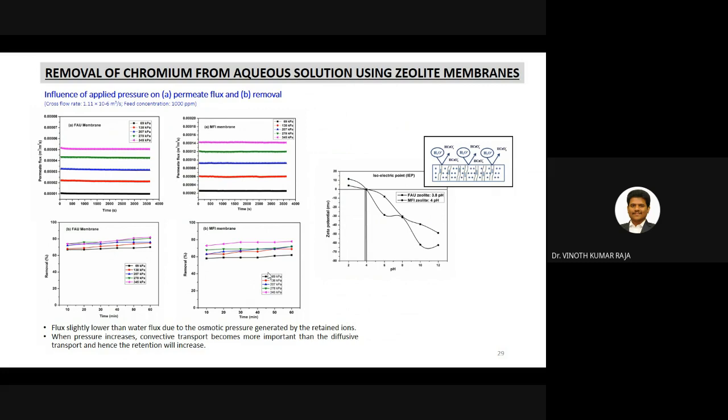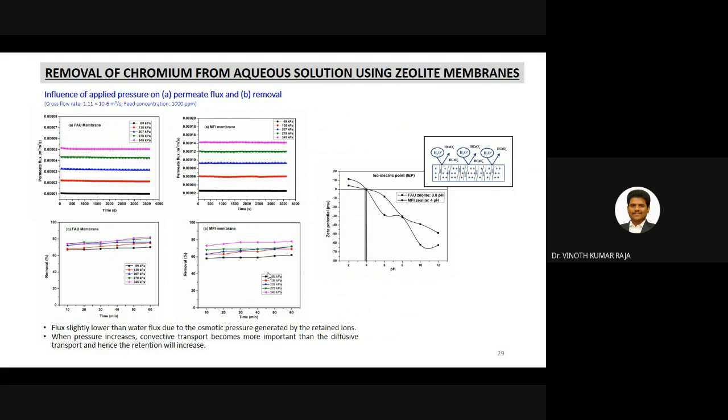That is happening here. If you look at the percentage removal of chromium at different applied pressures, for both cases the removal gradually increases with the filtration time, possibly due to the development of concentration polarization until it reaches a steady state on the surface of the membrane.